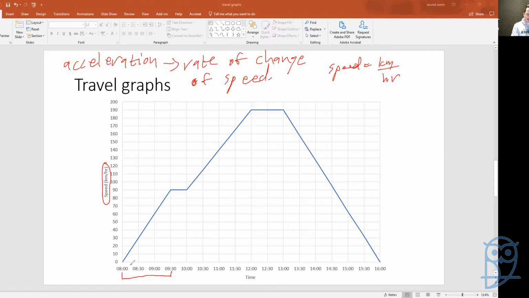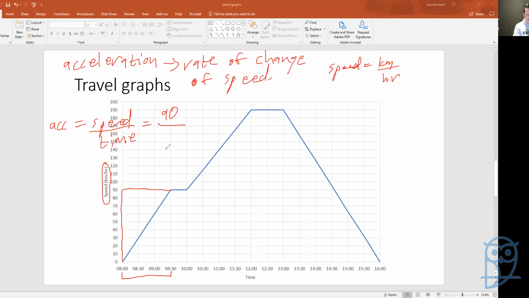So what is my acceleration here? Well, my acceleration is the gradient of my line. Simply that simple. So acceleration is going to be the speed over the time. So my speed here, I got up to 90 from 0.